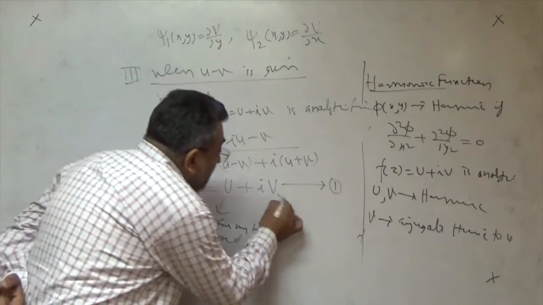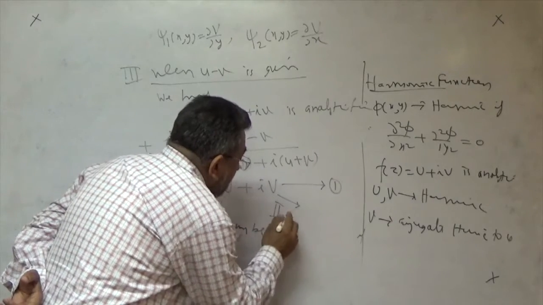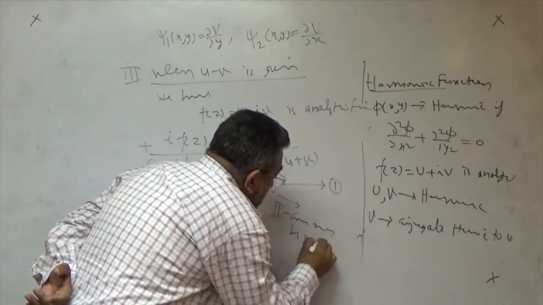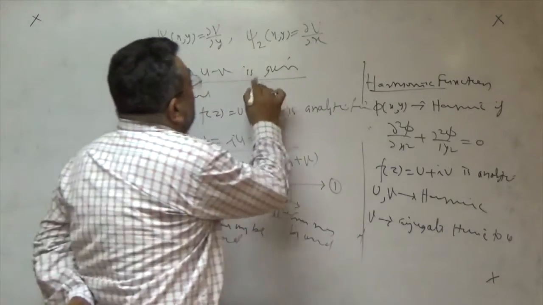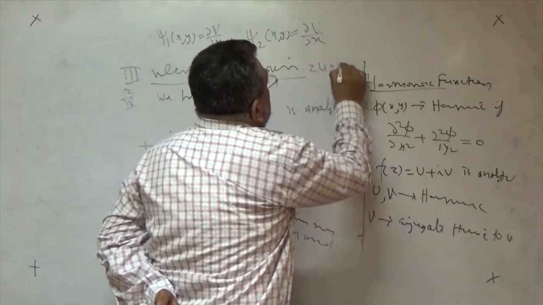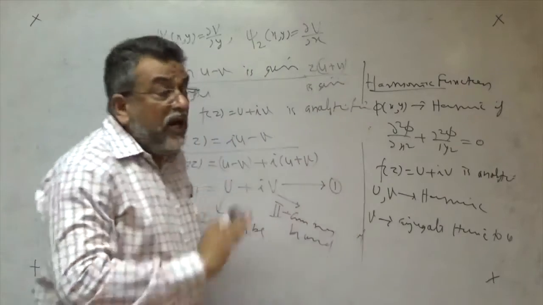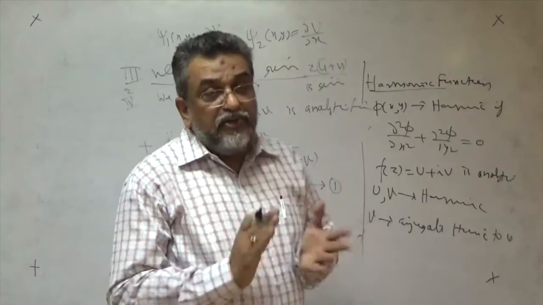If the imaginary part is given, then the second case may be used. This is the third and fourth case, meaning u minus v is given and u plus v is given, right?